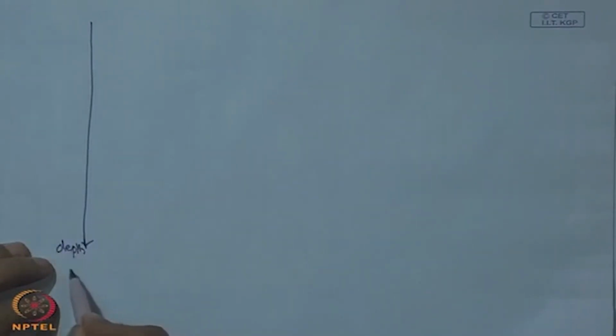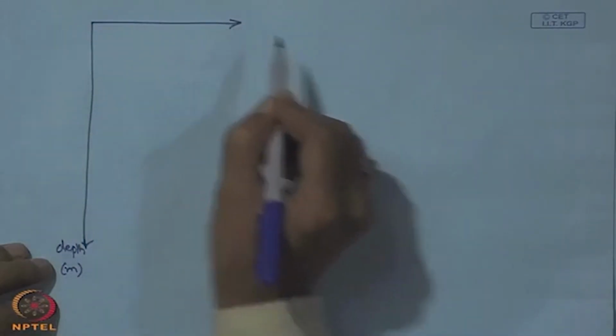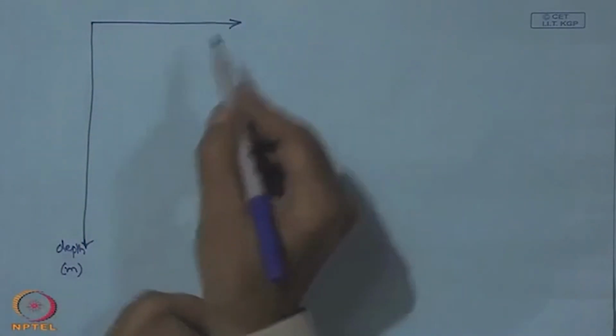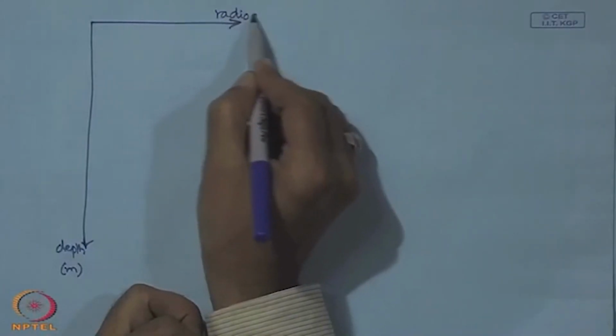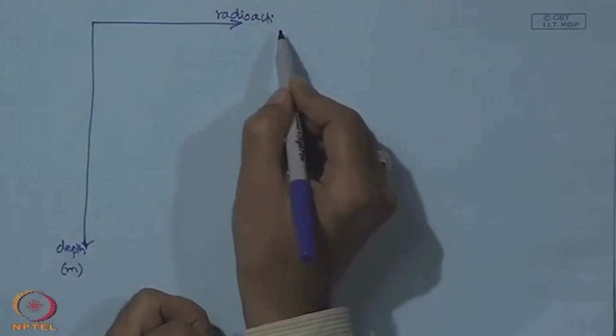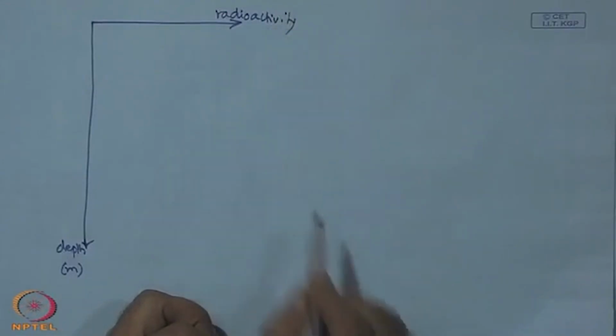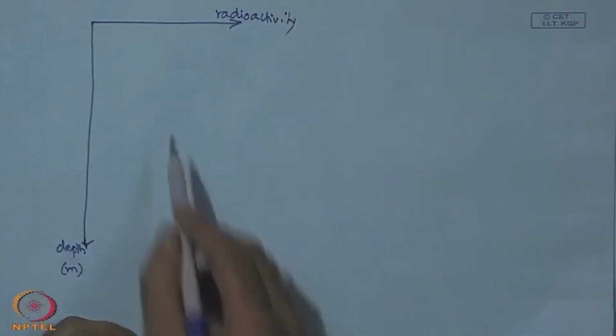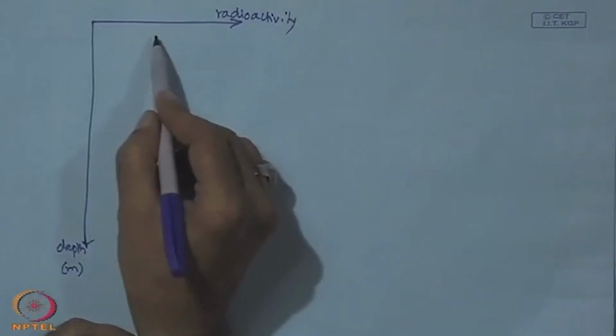A typical natural gamma ray log will have depth along the vertical axis, and the radioactivity along the horizontal axis.